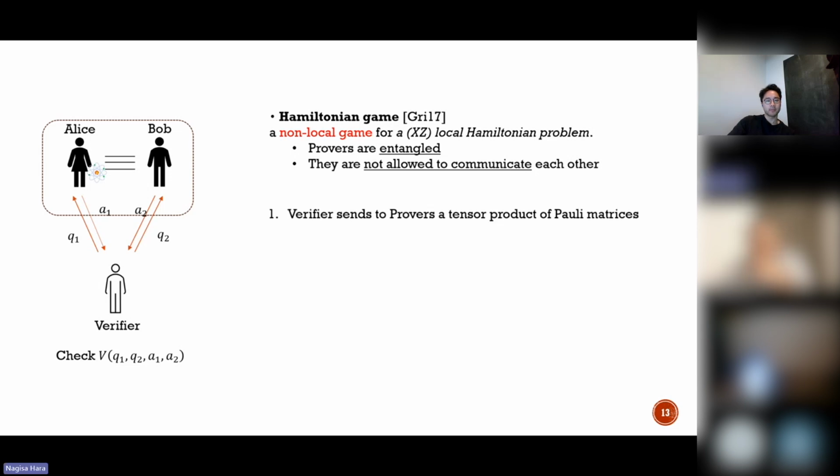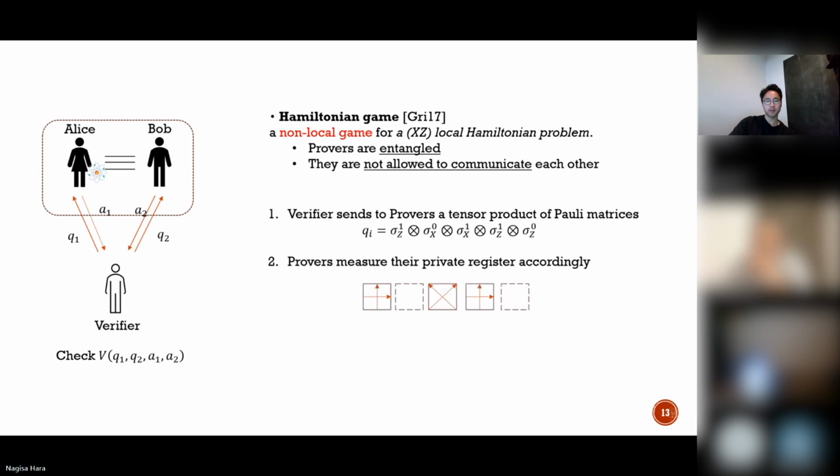The system works as follows. First of all, the verifier sends the prover a tensor product of Pauli matrices like this. And then the prover performs the measurement on the private register according to the query.